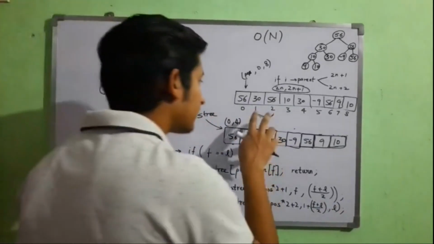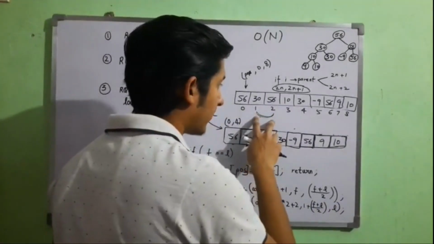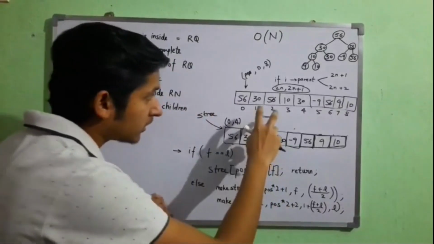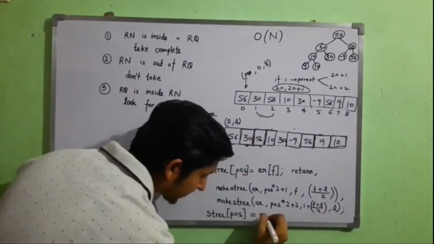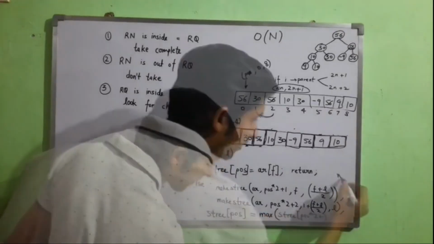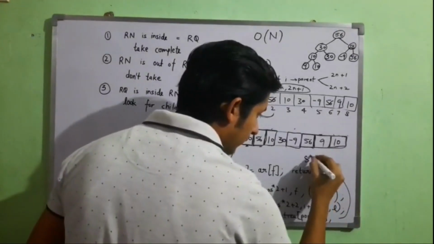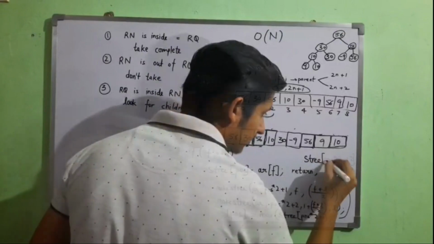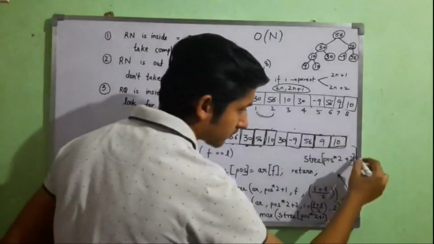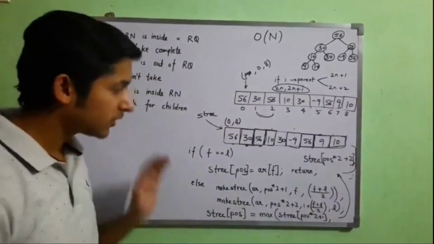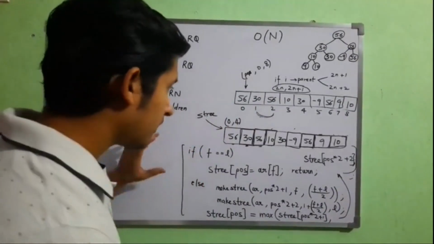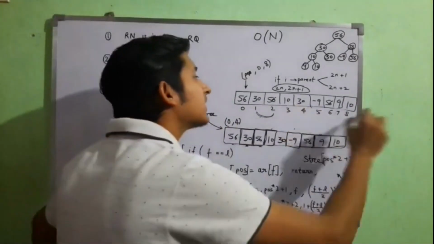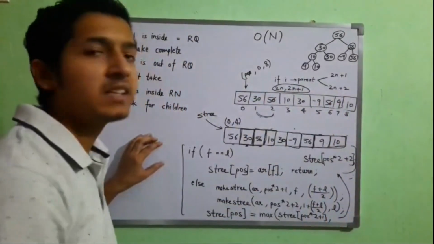Now this will make these 2 trees, and then I'll store the maximum of these 2 here. So maximum of its second child. So this is the actual function we are using for making this segment tree array.